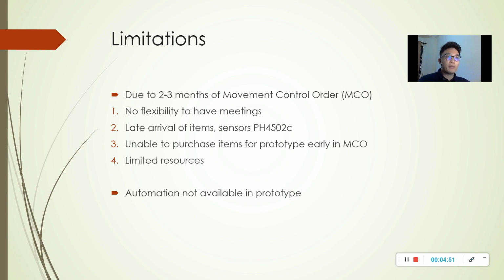Because of this, we were not able to get certain items like other sensors for temperature and other sensors for timing. I believe these sensors could be beneficial, but we decided to focus on the pH value, and that's why we were only able to get the pH value sensor.